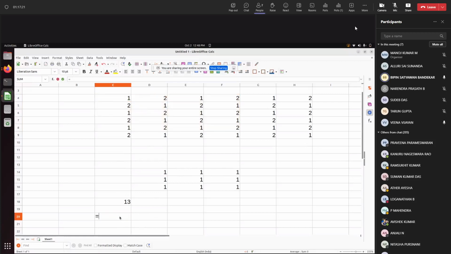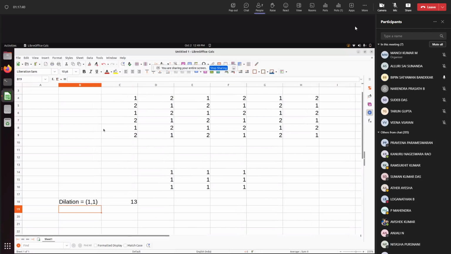So this is dilation 1. This is what we saw. This will be dilation 2.